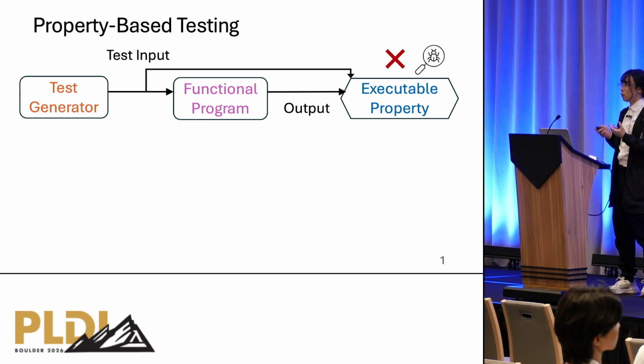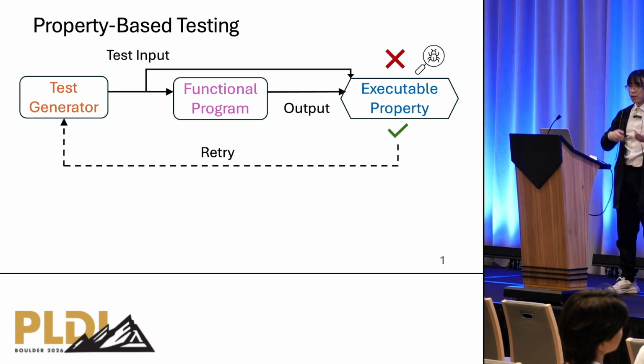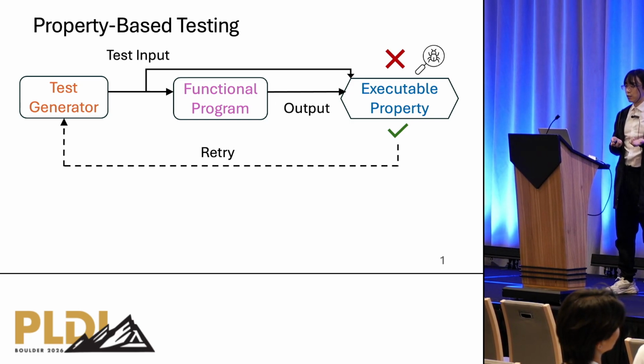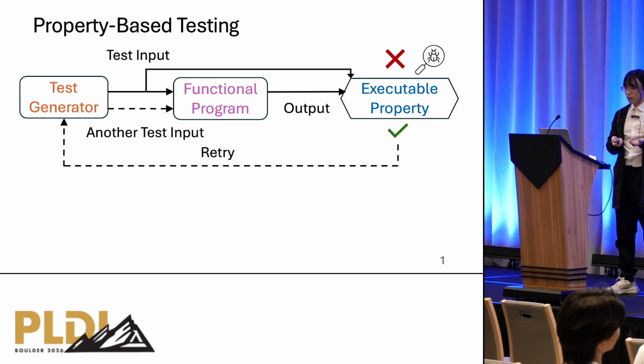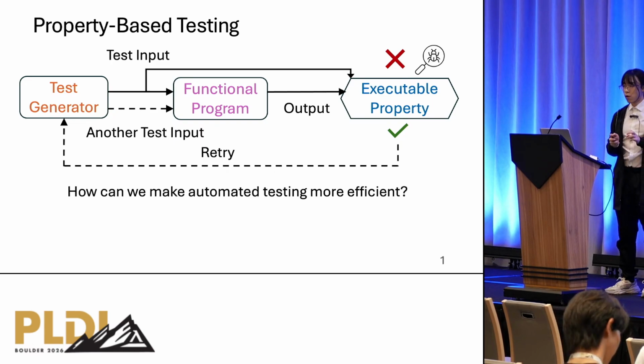If you find a violation, it means that you have detected a bug. Otherwise, you retry, ask the test generator to provide another test input, and do that once again. Now the question is how can we make this whole procedure more efficient?